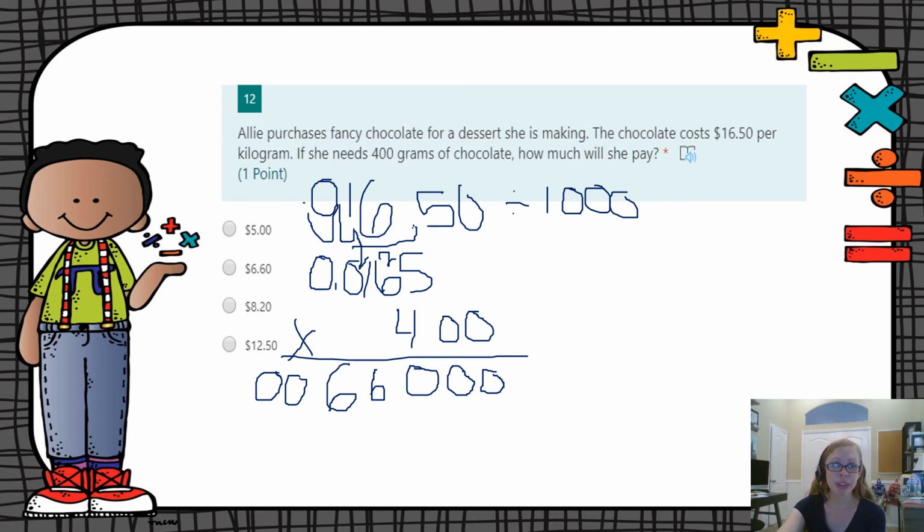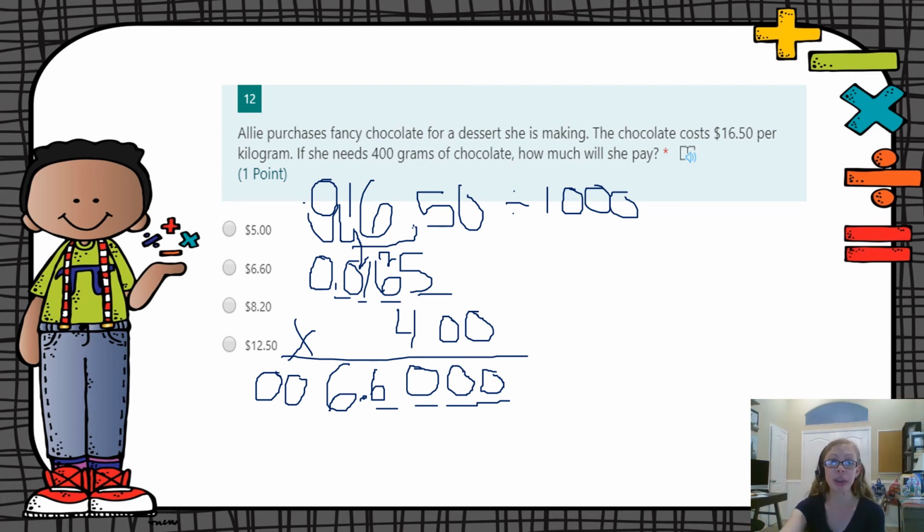My final step is to count my decimal places. There were 1, 2, 3, 4 digits that came after a decimal point in my original problem. That needs to match in my answer as well. So I'm going to count back 1, 2, 3, 4. Notice that's why I didn't remove my extra zeros yet, because I wanted to make sure I had all of my place values in line.